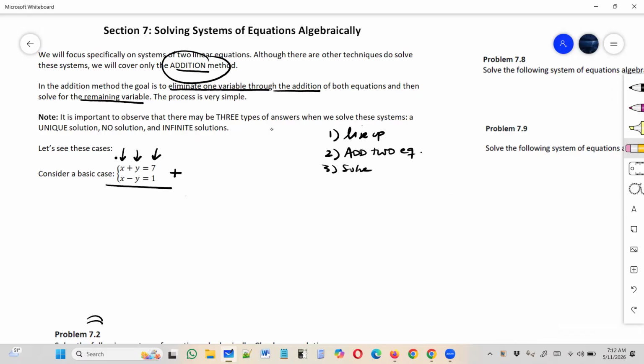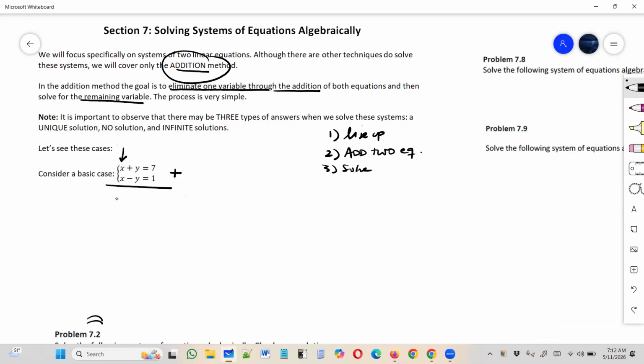So look at the system as we have right here and ask yourself, if I add these two equations, will one of the variables disappear? If so, which one? And you can see if I add them, yes, I will have one cancellation, and the variable that's being canceled is y. So let's add them.